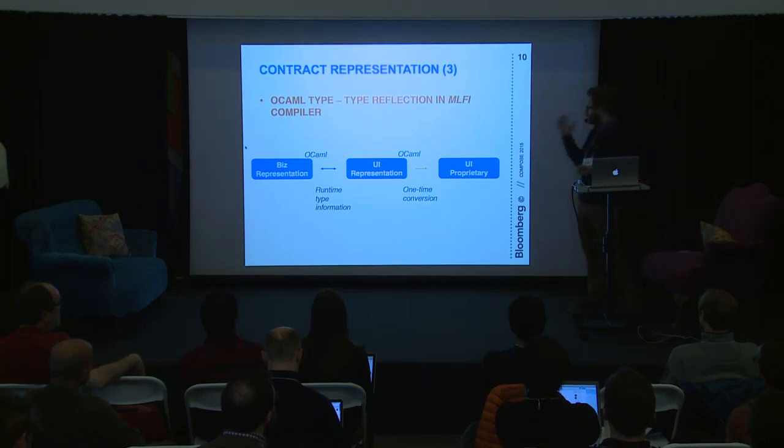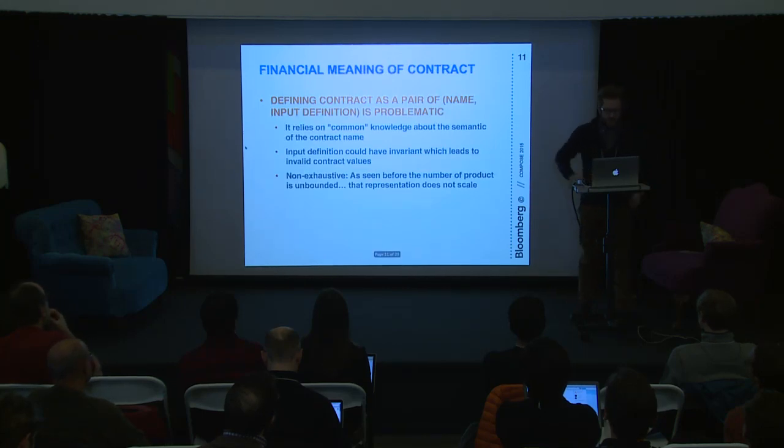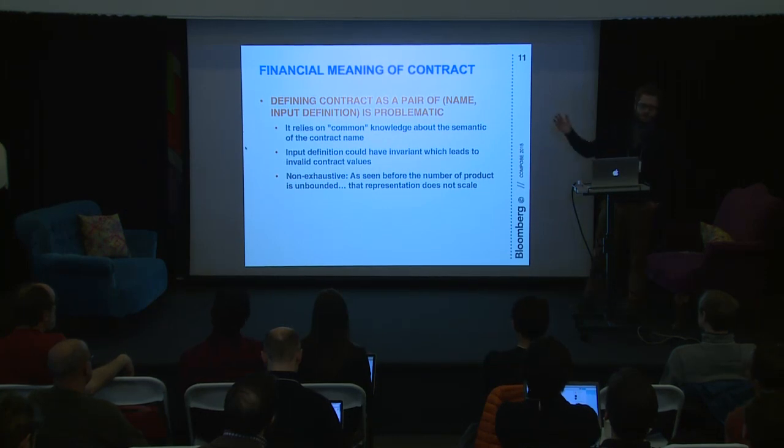All you have to do is write the mapping one time, and after that, leverage the OCaml type system to represent both your contract as well as the screen. And that worked really well. That allows us to scale a lot more. We could now create a new financial contract in a matter of days.